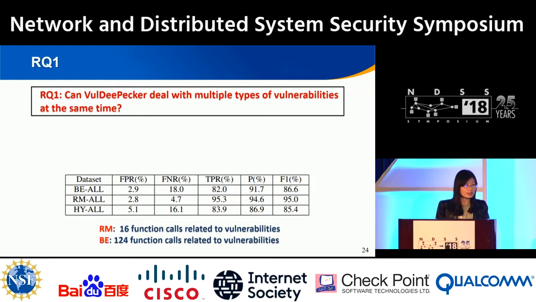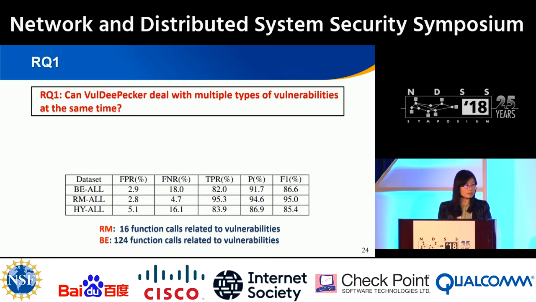The first research question is, can VulDeePecker deal with multiple types of vulnerabilities at the same time? This table illustrates the results of the first research question. From the table, we can see that the neural network trained by the RM ALL dataset outperforms the neural network trained from the BE ALL dataset in terms of all 5 metrics.